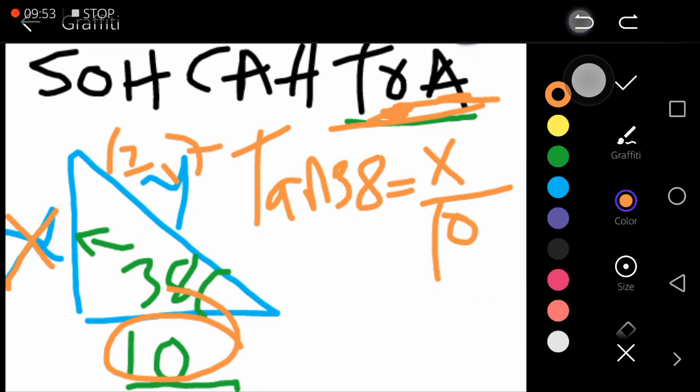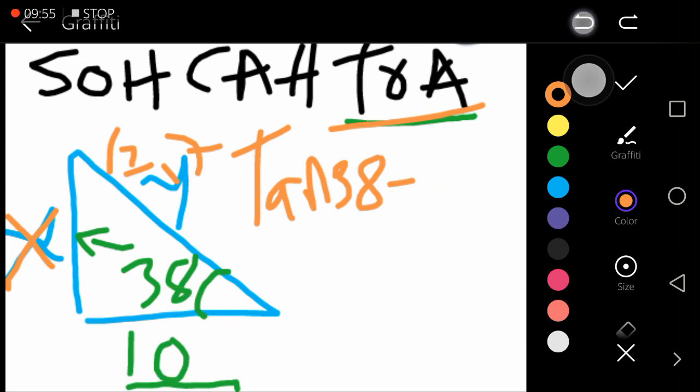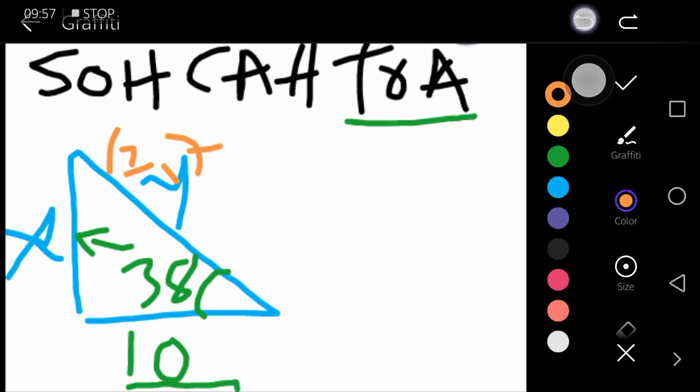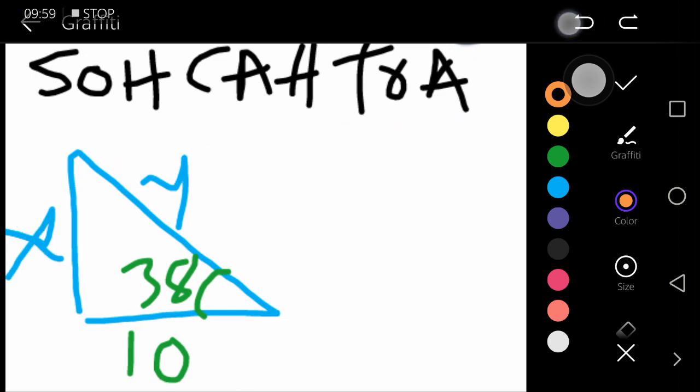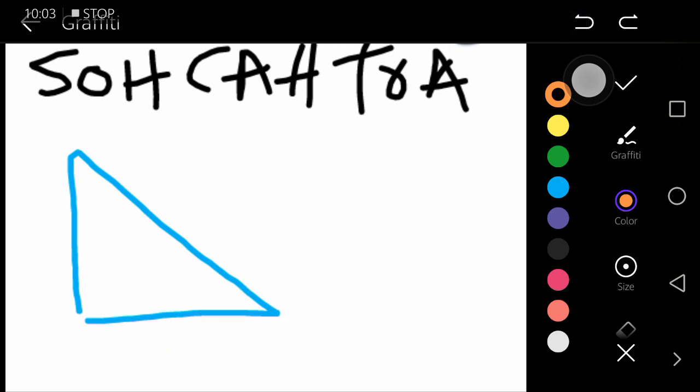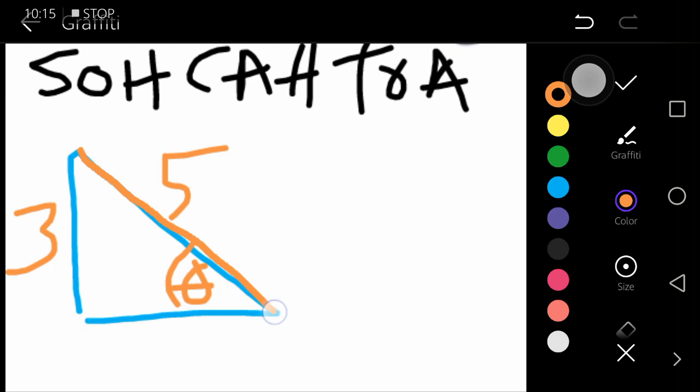Next, what if the missing one is the degree? How can you find the degree? Using TOA. Now I give you a sample where the degree is missing. The degree is missing here, and this is 5 and this is 3. What is this? This is the hypotenuse, and this is the opposite.